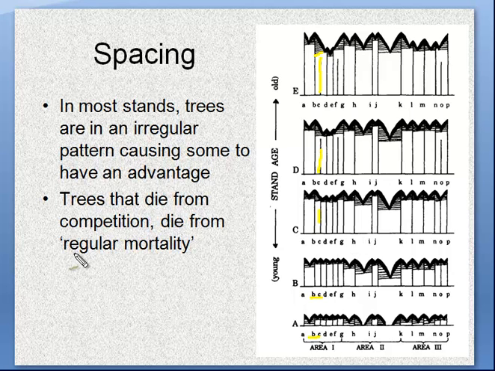When trees die because of competition, we call that regular mortality. It isn't like from a wind burst or insects and disease. Everybody always wants to say when a tree dies, oh, it's because of insects and disease. It's just a catch-all phrase. It's not the case.